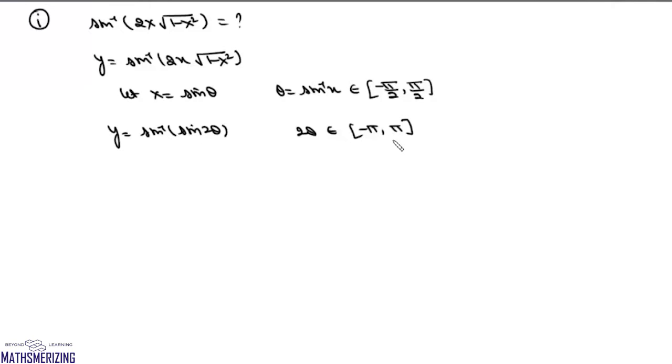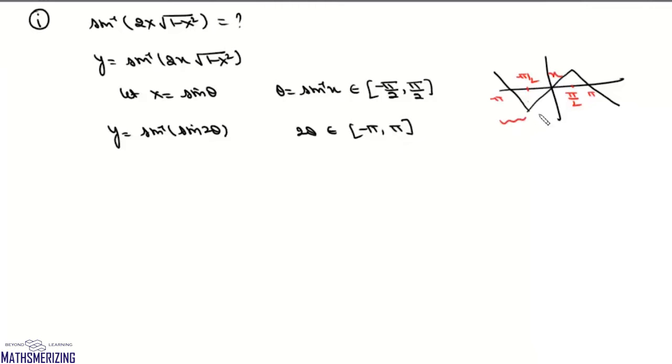So what we'll do is we'll draw the graph of sine inverse of sine x. That is the graph of sine inverse of sine x. This is minus pi. This is minus pi by 2. It is pi by 2 and it is pi. Now between minus pi by 2 and plus pi by 2, this is x.